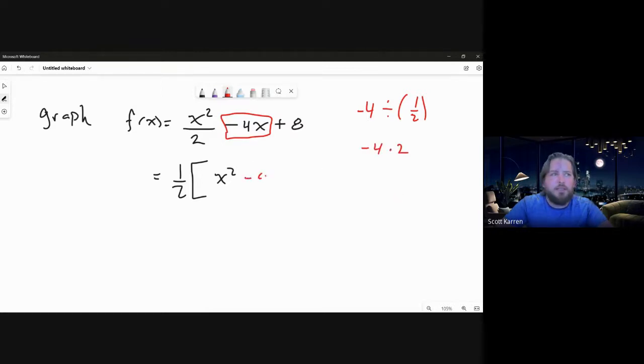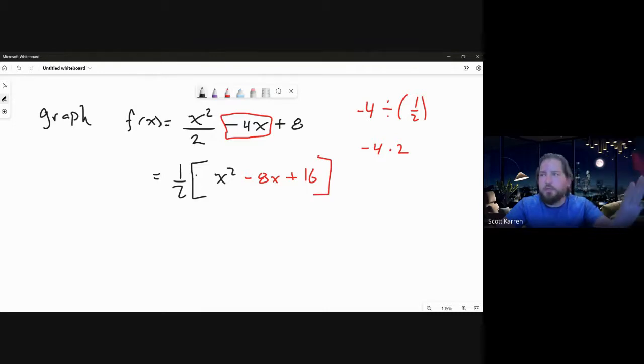So I get -8x here, right? And if you think about it, how do I undo this factoring? Well, that's just a distribution. And so 1/2 times -8 equals -4. And so that's what undoes it. And that helps me know that I'm doing it right. And so then I get plus a 16 out of this guy, right?